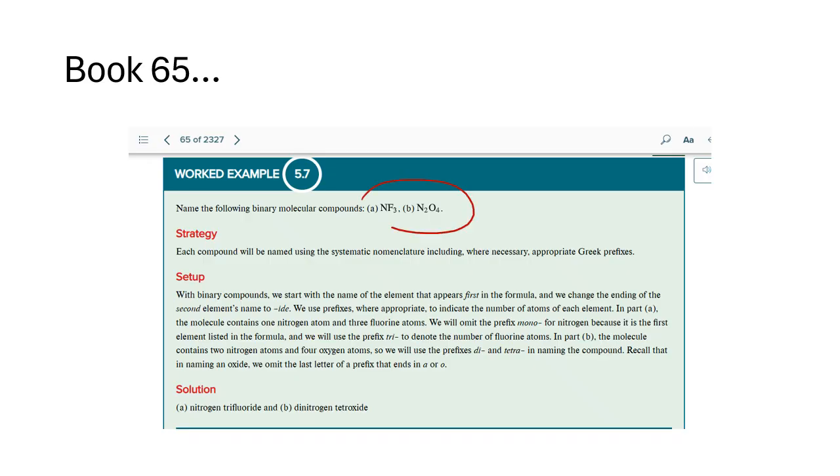And here are two examples of what will be given. These two are better than the previous slide in the fact that it shows multiple for letter B. Note for A, it's not mononitrogen trifluoride, but it's just nitrogen trifluoride, compared to B, dinitrogen tetraoxide.